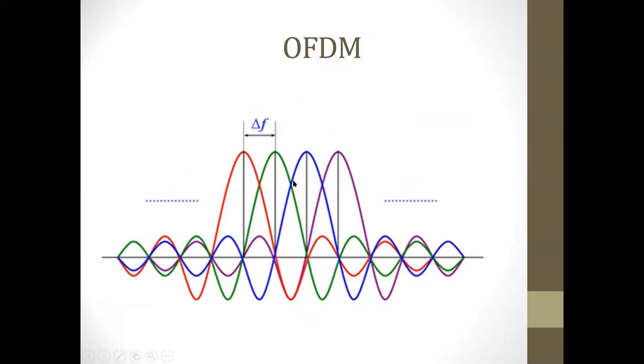And as I take, say, this point, I have some energy from this blue one, or I take this frequency of this green transmission, I have some energy from this red guy. So neighboring transmissions have some interference. Well, the answer is that interference is bearable. Let me show you how.